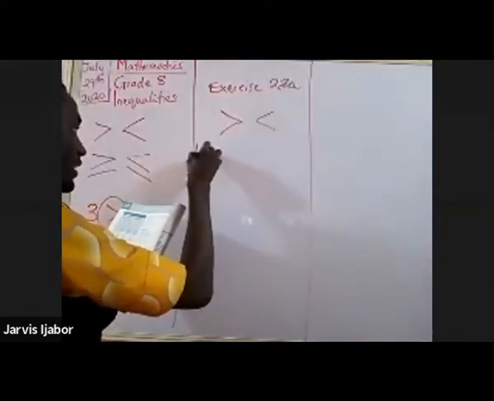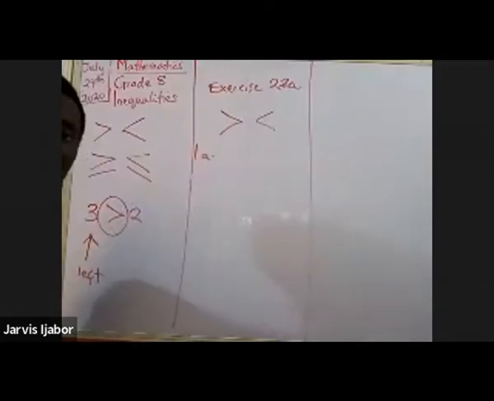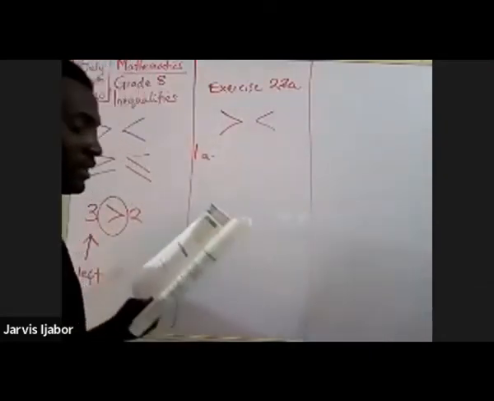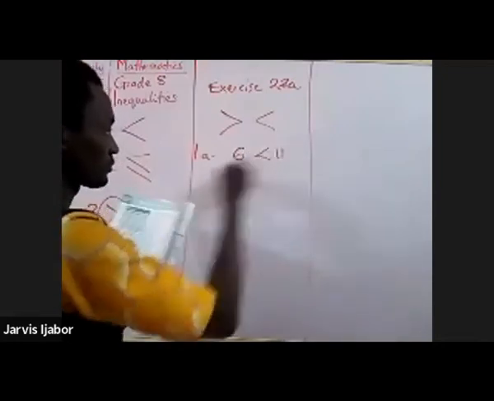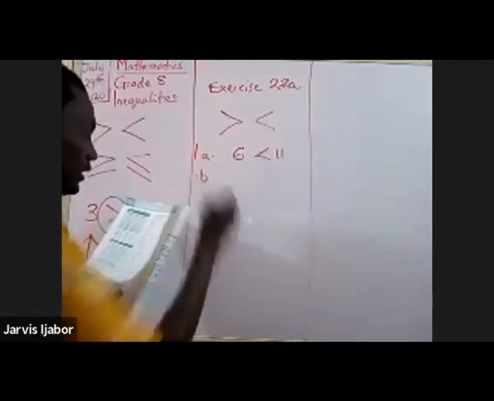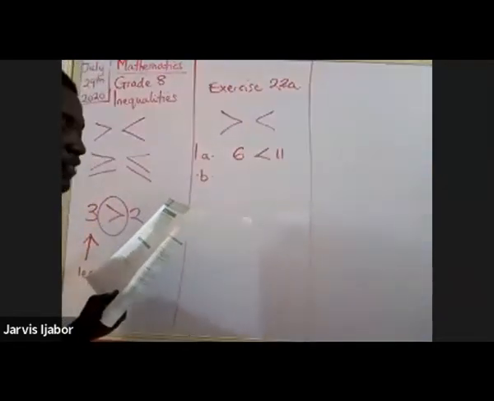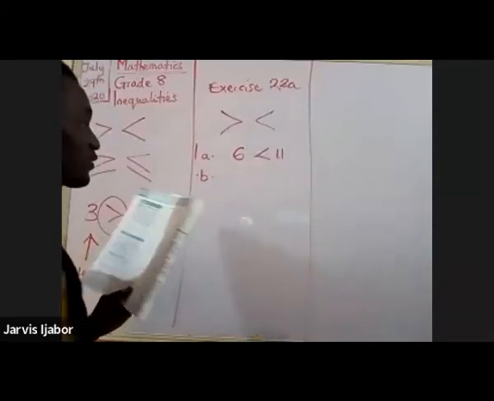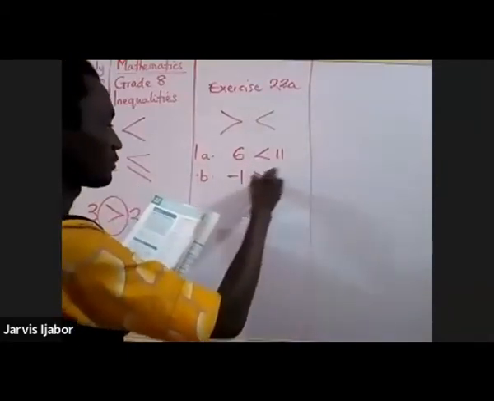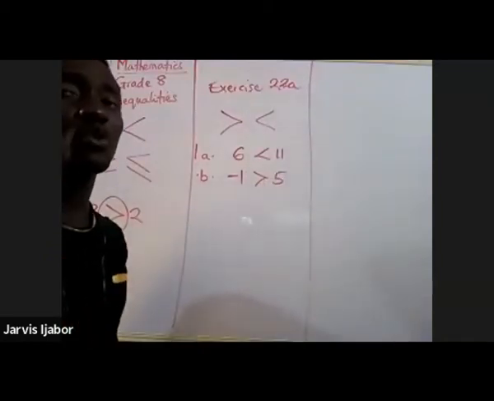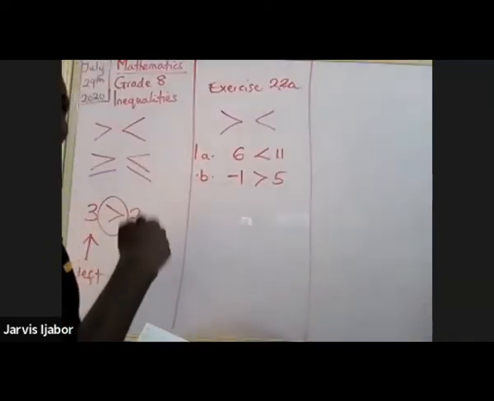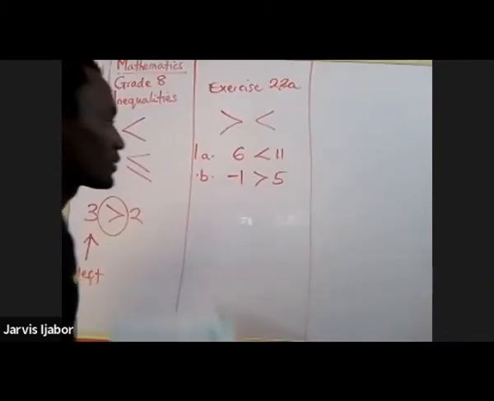Number 1A, 6 is less than 11. Number 1B, -1 is greater than -5. Notice that the answers are given to you based on the reference on your left hand side.